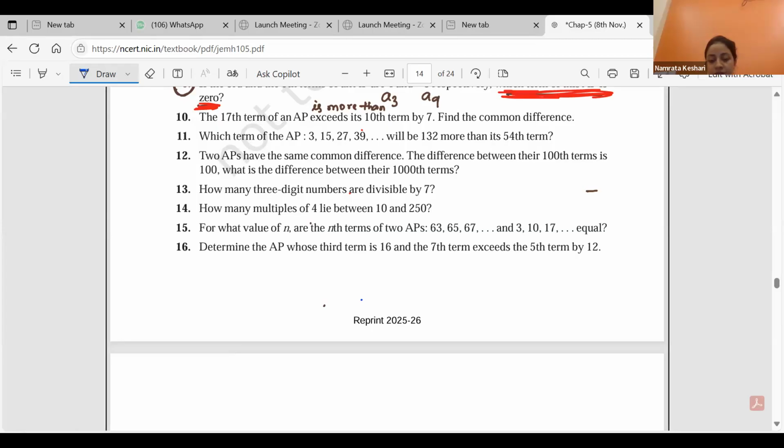These are the terms of an AP, and they're asking which term will be 132 more than its 54th term.